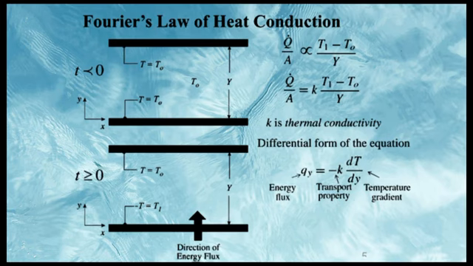The negative sign shows that heat flows from high to low temperatures. In this form, energy flux is represented by small q, the transport property is thermal conductivity k, and the temperature gradient is nothing but dT by dy.